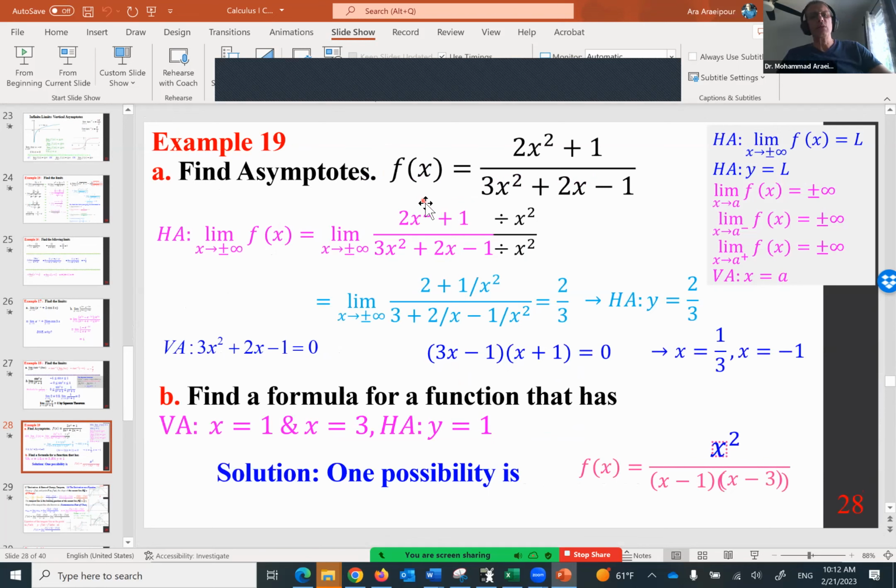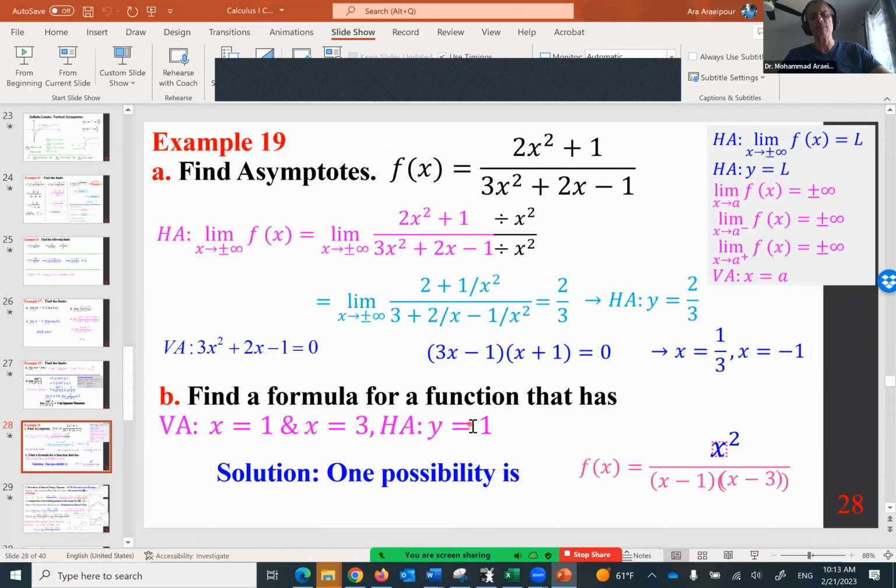And finally, here we were trying to find asymptotes. For horizontal asymptotes, you take a limit of the function as x approaches plus or minus infinity. For vertical asymptotes, basically, you set the denominator equal to 0.